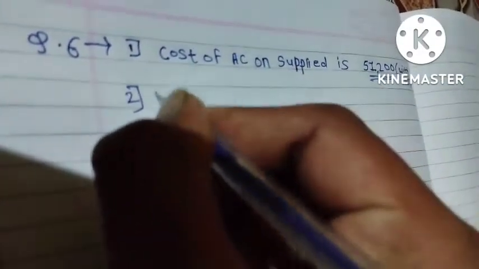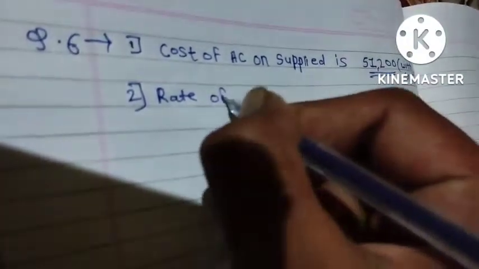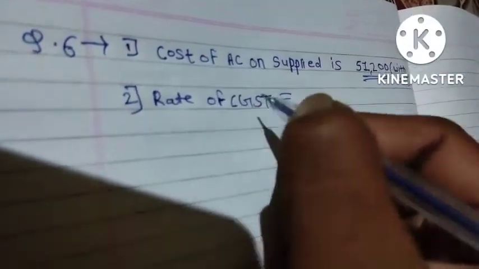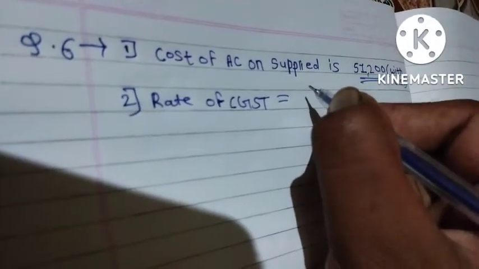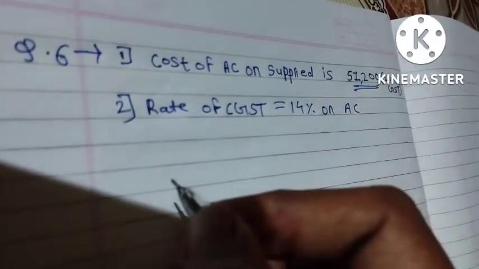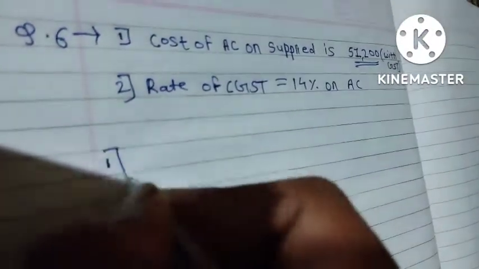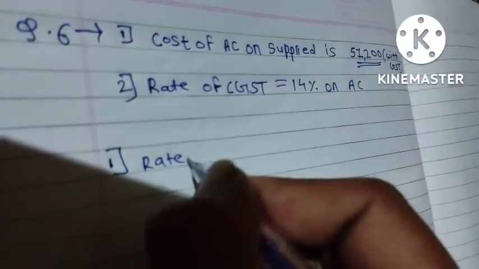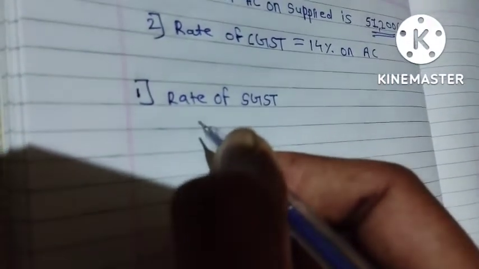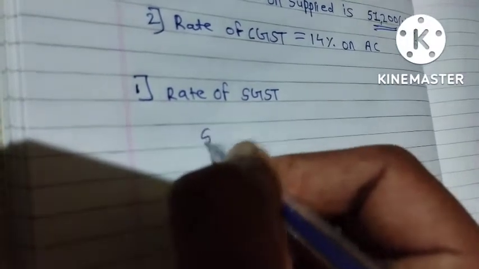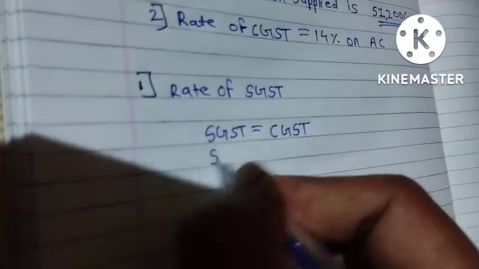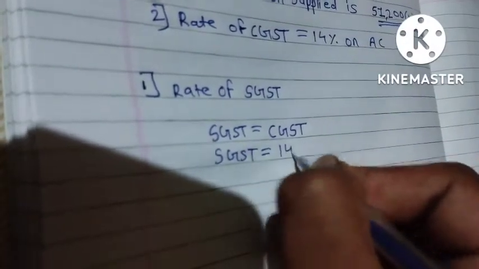Second, the rate of CGST is 14% on AC. First of all, let's find out the rate of SGST. We know that the rate of SGST is equal to the rate of CGST. So the rate of SGST is 14%.